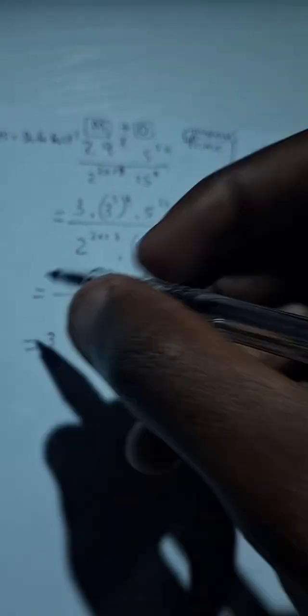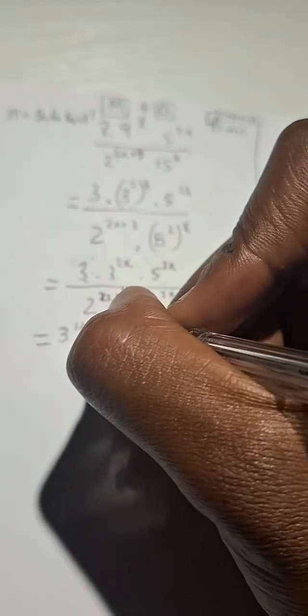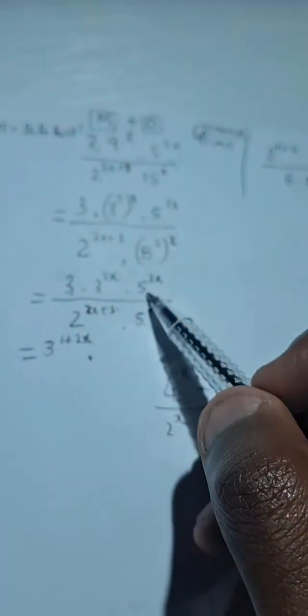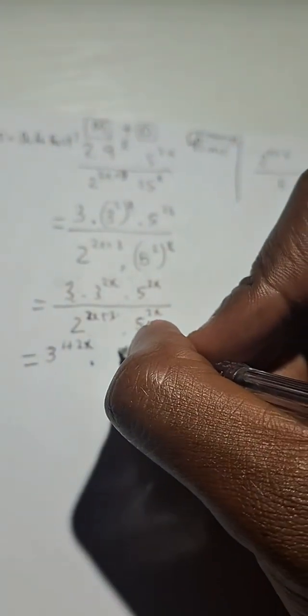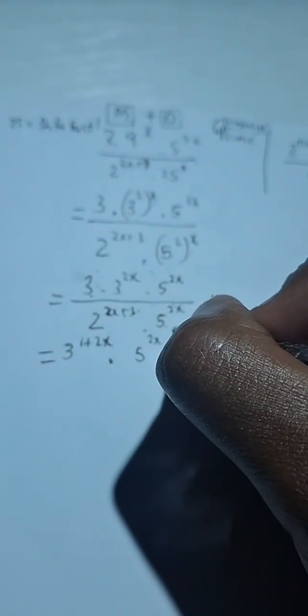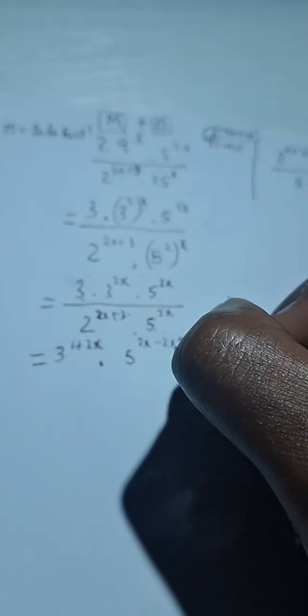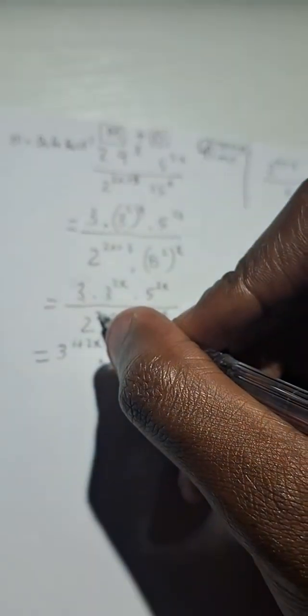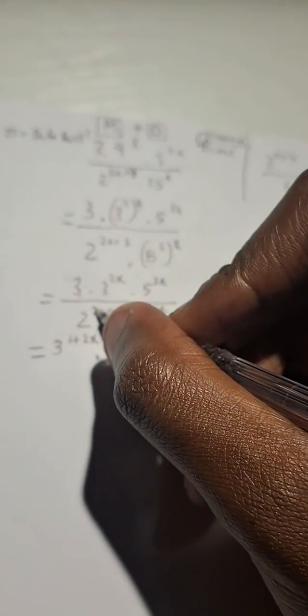But it's evident from this situation that 3 is going to be 1 plus 2x alone there in the numerator. Then the 5 is going to be 5 to the power 2x going down to the denominator minus 2x. Then this base 2, I'm going to say times 2 to the power, now this is 2x plus 3.